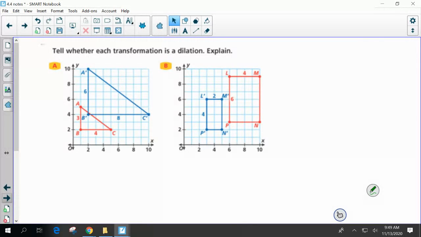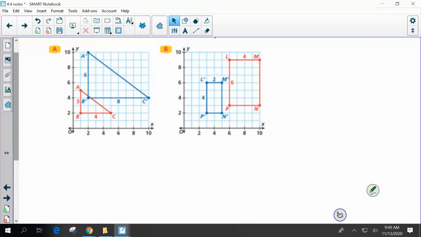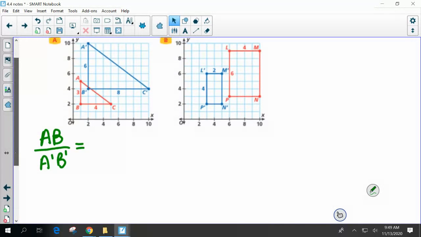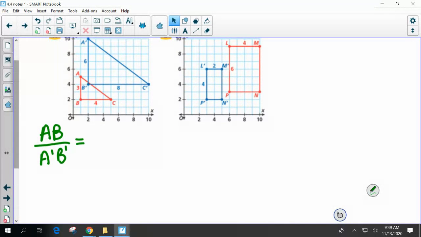So what we're going to do is compare ratios of sides. We're going to look at side AB, and we're going to do AB over A prime B prime, and see what the ratio is. Side AB, if you count, is 3 units, and then we need to count side A prime B prime. It's 6.